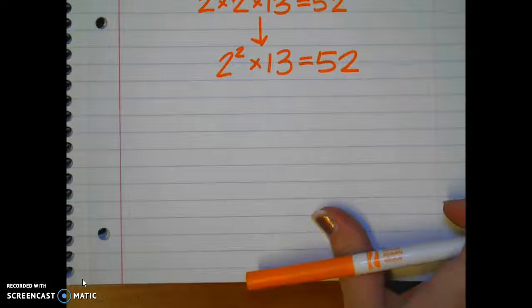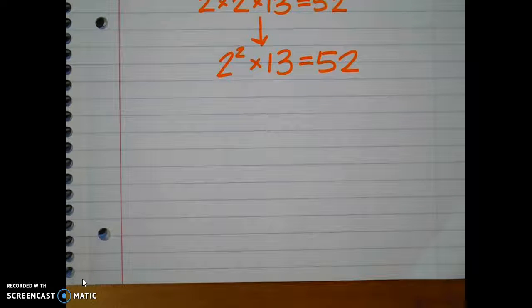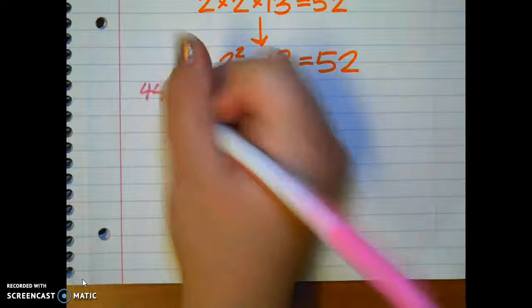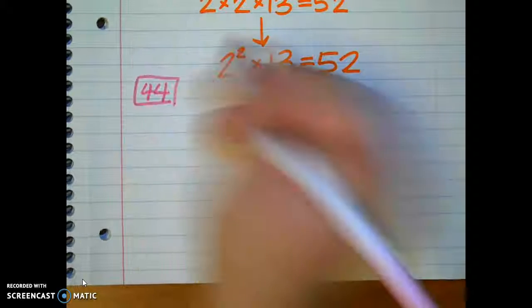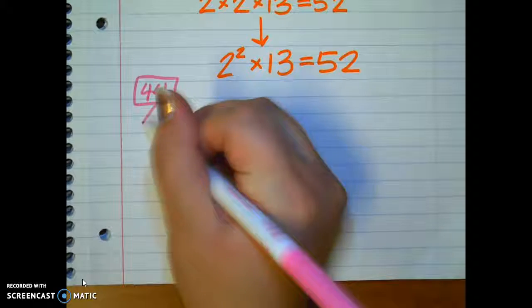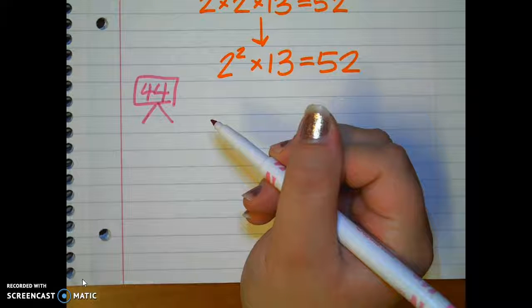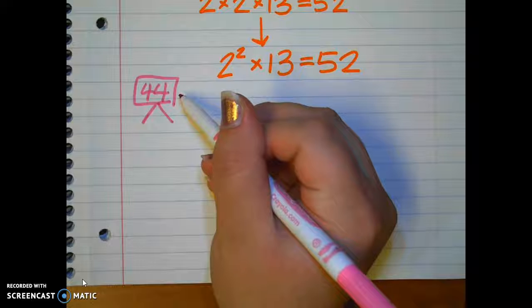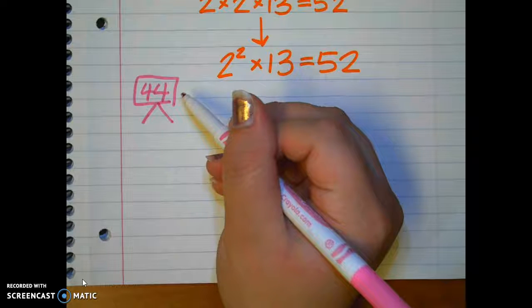I'm going to scoot this down and we can do another example. All right, we can do 44. We're going to make our 2 branches. And if you're stuck, don't forget we can divide this by 2 because it's even.